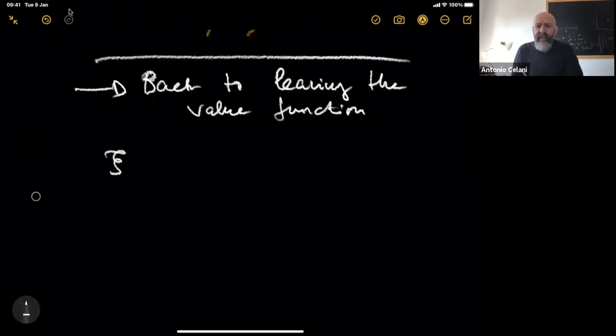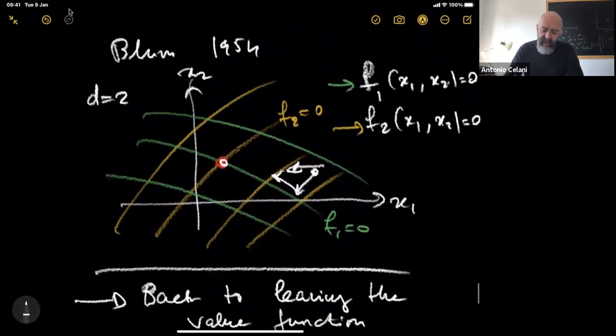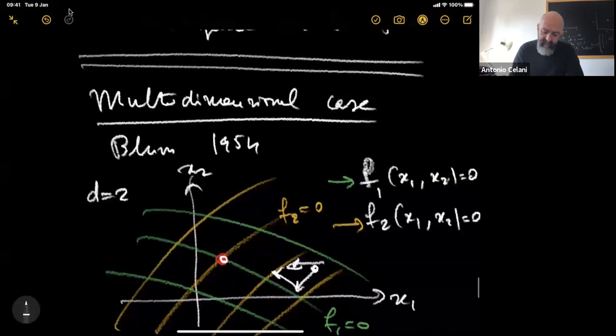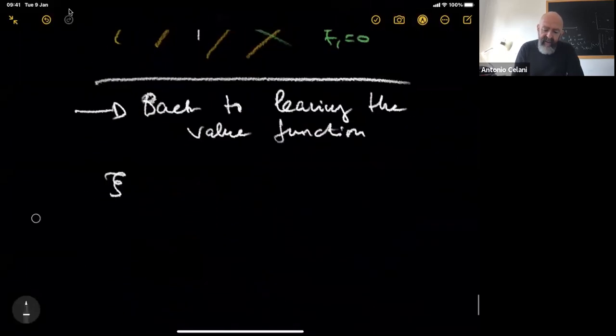So what is the zero that we are looking for in this multidimensional version, which is this point here? Well, the correspondence is that this is the value function of my given policy, which is a vector. So the zero I'm looking for is the value function. So what is the equation that this obeys?